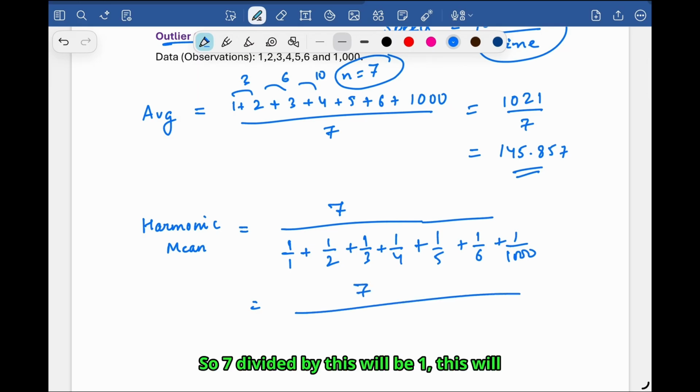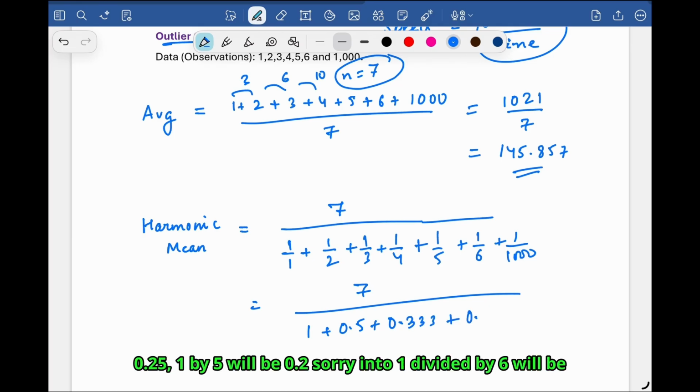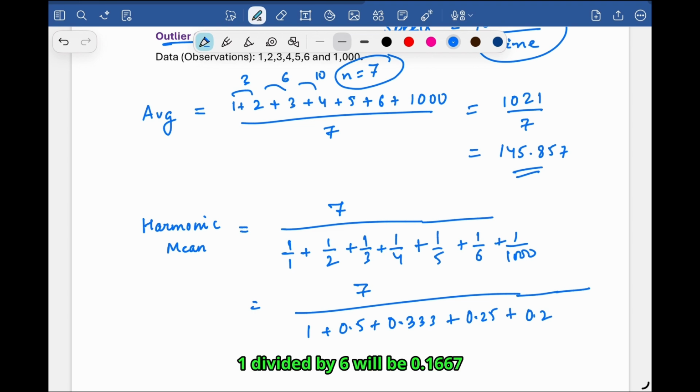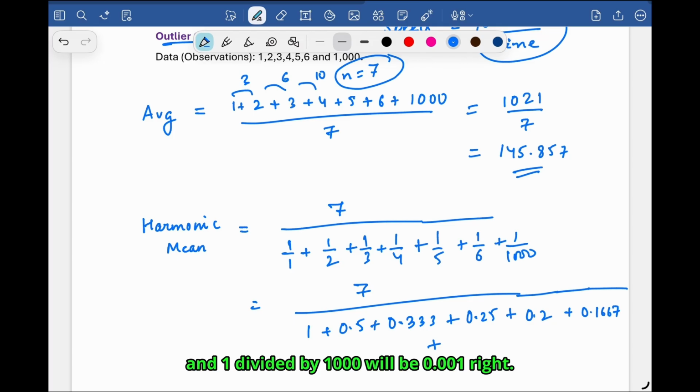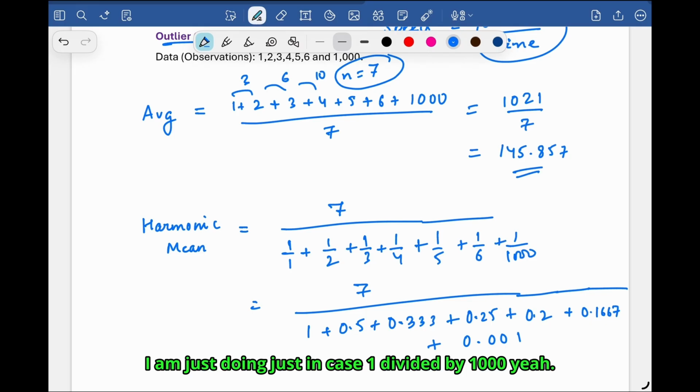So 7 divided by, this will be 1, this will be 0.5, this will be 0.333, this will be 0.25, 1 by 5 will be 0.2, 1 divided by 6 will be 0.1667, and 1 divided by 1000 will be 0.001.